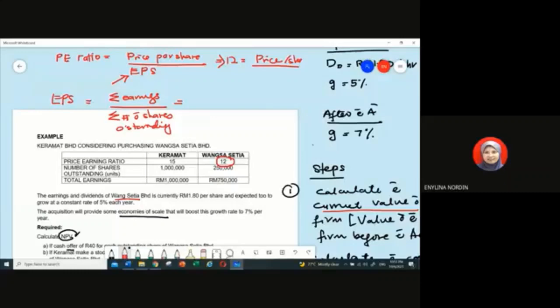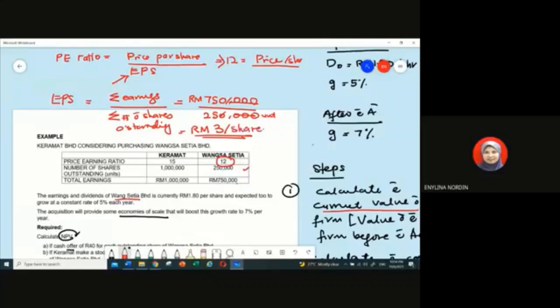Total earnings for Wangsa Setia is 750,000 ringgit, divided by the total number of shares outstanding in Wangsa Setia, which is 250,000 units. Therefore, the earnings per share for Wangsa Setia is 3 ringgit per share.